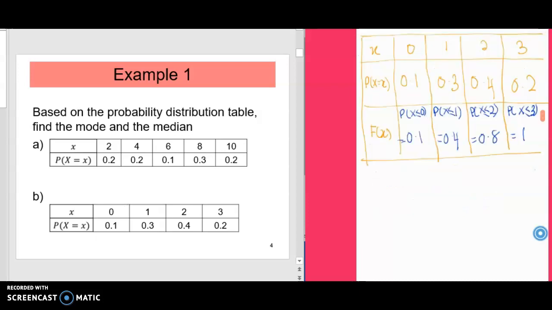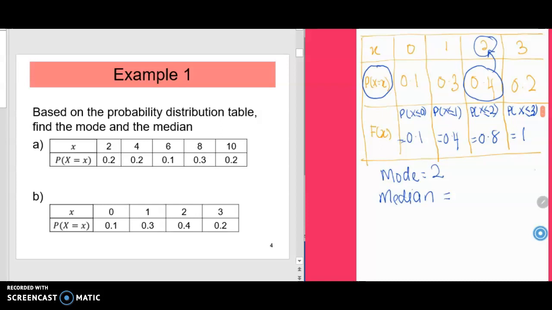Now let's discuss B, by using the same method. To determine mode, we refer to the highest probability distribution. So the highest is 0.4. So that means the value of mode is 2. Then median, we refer to cumulative distribution here. More than or equal to 0.5.